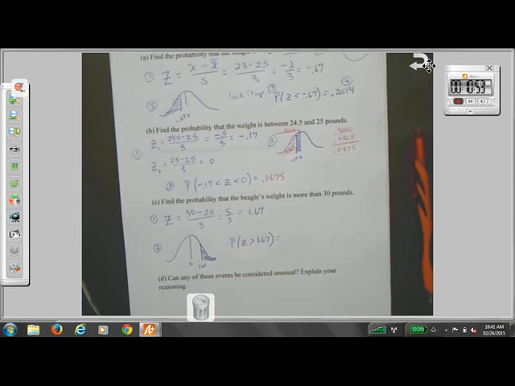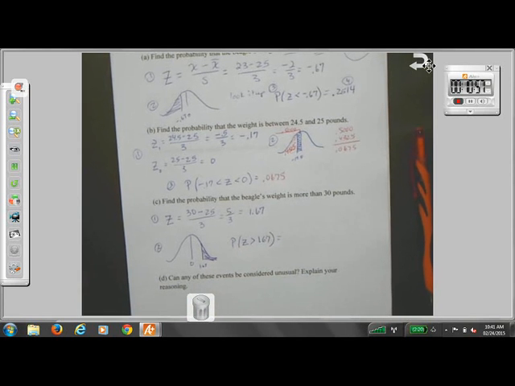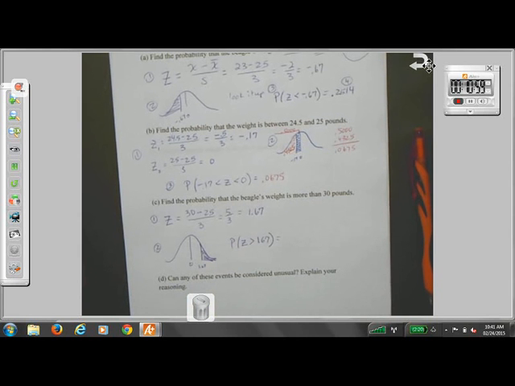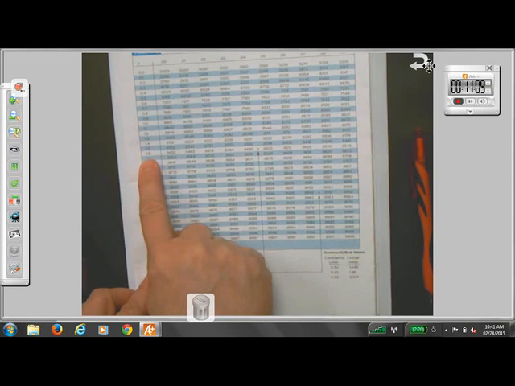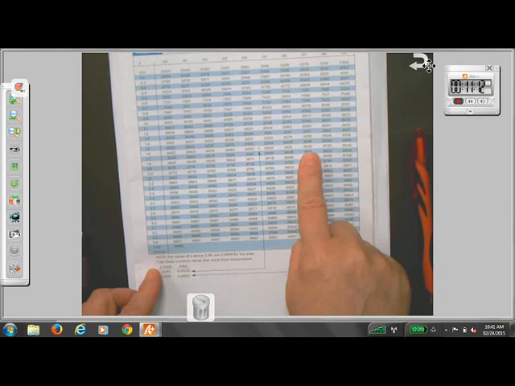And now all we have to do is look up. We actually have a couple of ways to look this up. The way that I taught you at the beginning of this, before you were really accustomed to the table, is to look up the 1.67: 1.6, and over to under the 7, and you get 95.25.